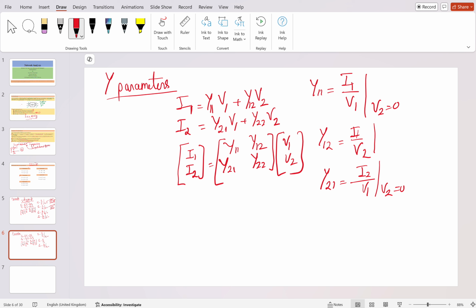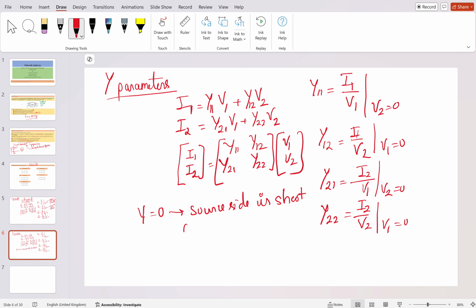Y22 is I2 by V2 at V1 equal to 0. V1 equal to 0 means the source side is short circuited. If you get V2 equal to 0, it means the output side is short circuited.